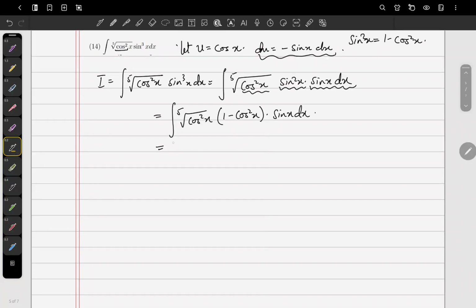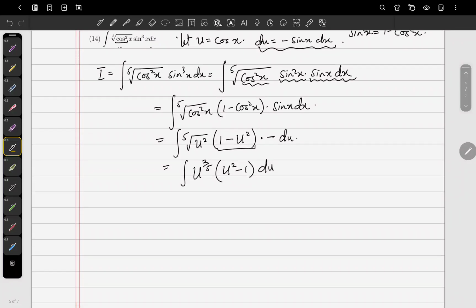So this is equal to the integral of the fifth root of u squared times 1 minus u squared times negative of the du. So that changes things to u. If we change this to index form, that is u to the 2 over 5 into bracket u squared minus 1 du. You see, I have acted on this bracket by the negative sign, so it has changed the order of subtraction.